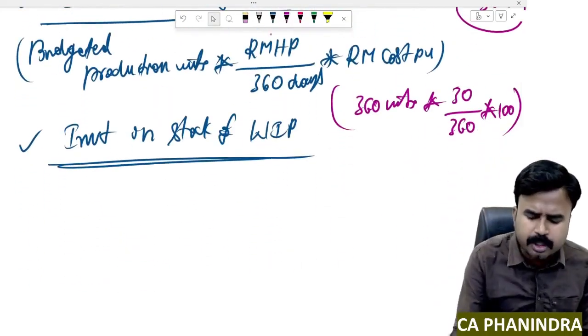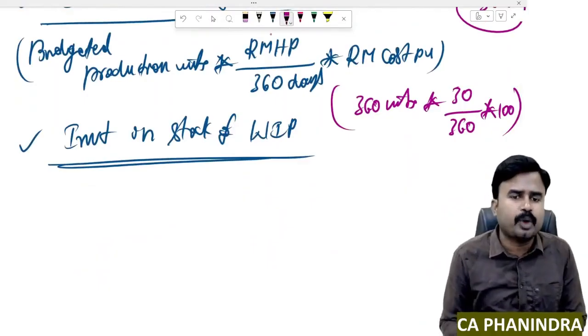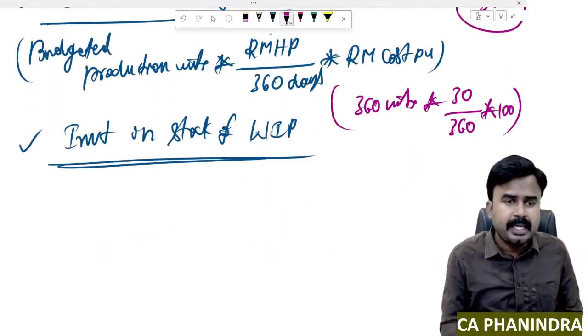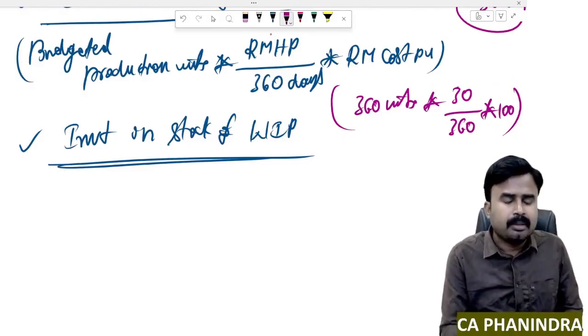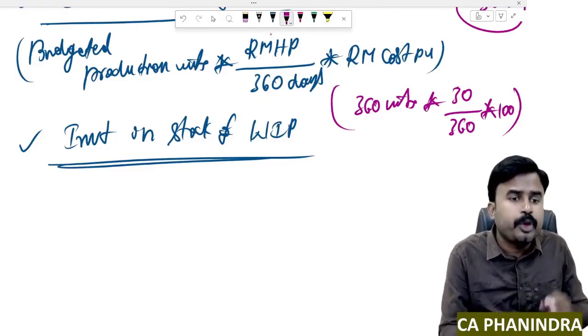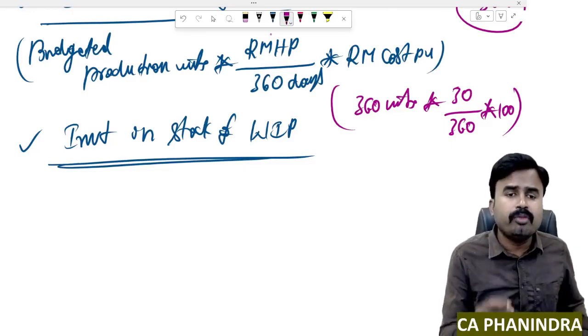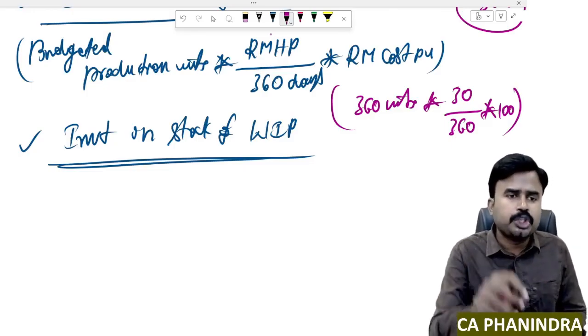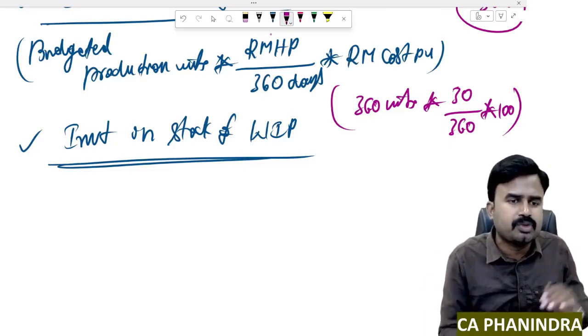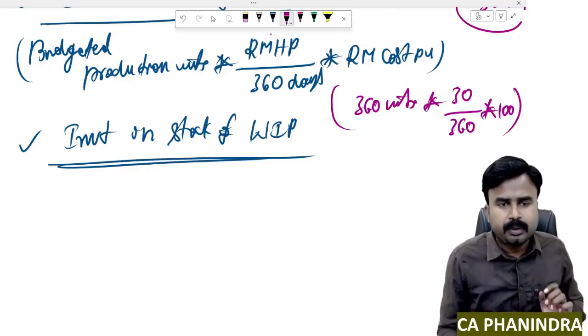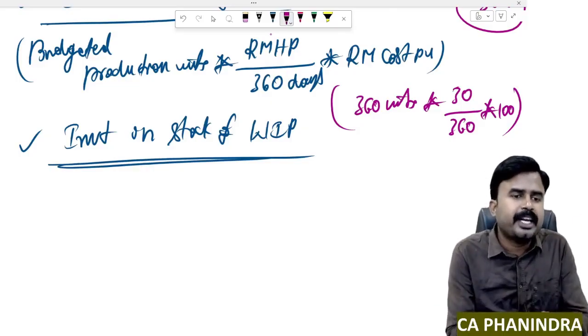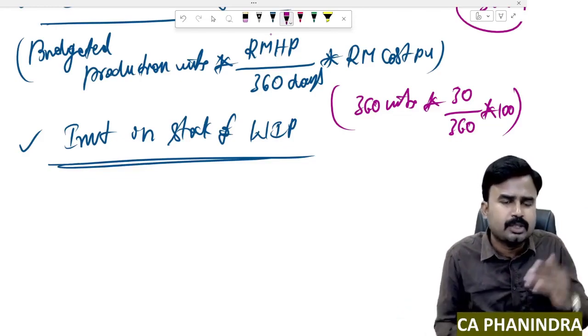The second investment component is investment in stock of work in progress. The question is, how much money is going to be blocked in the units which are in process. When the units are in process, along with the material cost, a portion of labor and manufacturing overhead cost will be blocked in your work in progress. How much portion of material cost and how much portion of labor and overhead cost is going to be blocked?